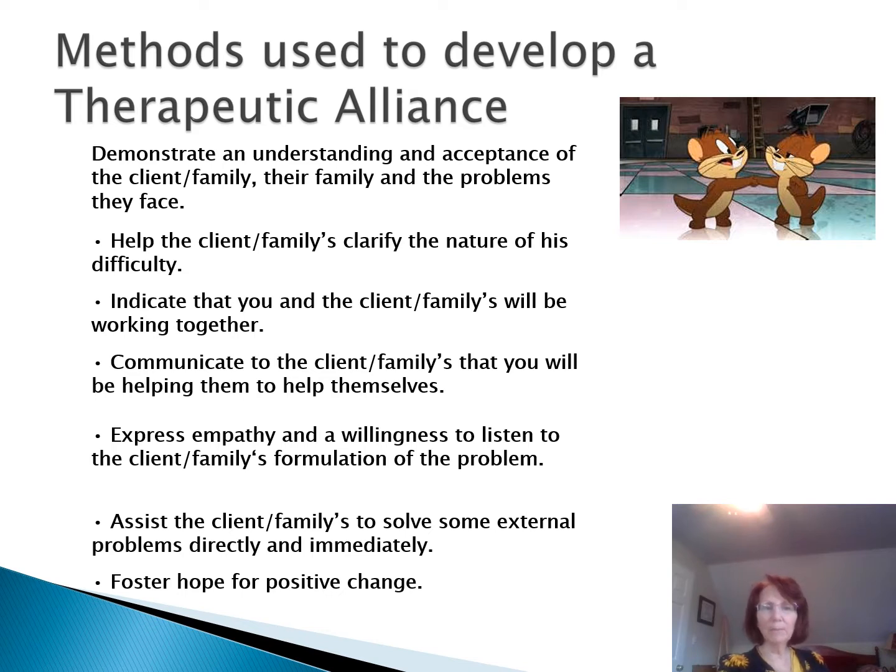Communicate to the client and family that you will be helping them to help themselves. Express empathy and a willingness to listen to the client's and family's formulation of the problem. What do they think is wrong as opposed to what do you think is clinically wrong? Assist the client and family to solve some external problems directly and immediately. Foster hope for positive change within the client and the family.